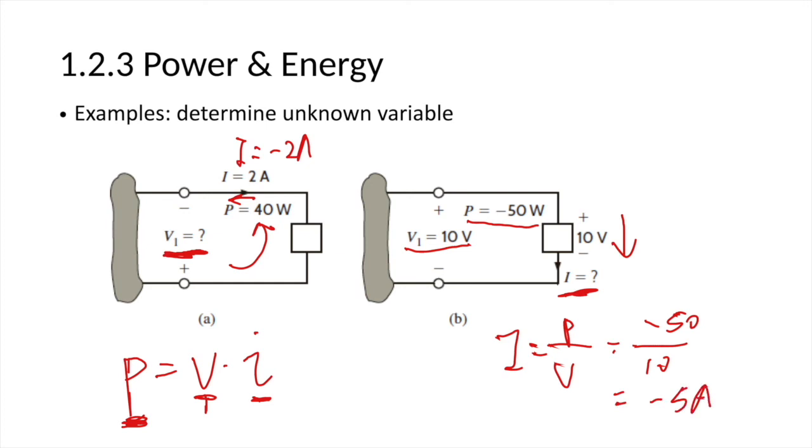This means that the actual current is in the opposite direction with respect to the reference direction. The reference direction is from up to here, right? But the actual condition is from the bottom to the top. This is the actual direction of the current.